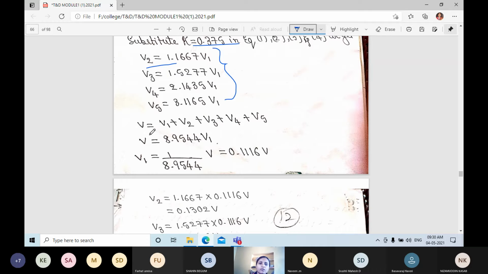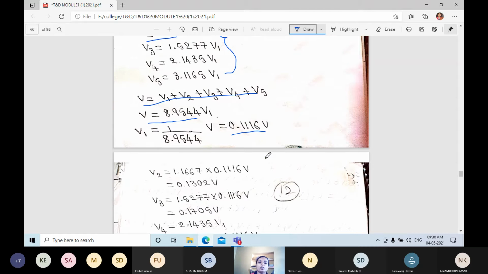Okay. So when you add the total voltages V1 plus V2 plus V3 plus V4 plus V5, you'll get V is equal to 8.9544 V1. So V1 is equal to 1 divided by 8.9544, so you'll get 0.1116 voltage.